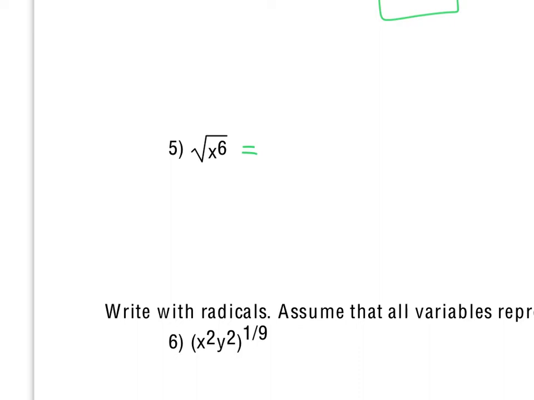Now if we simplify this, we get x to the 6/2, which ends up being x to the 3rd power. Now if we look at x to the 3rd power, if x is negative, like say for example x is -2, -2 to the 3rd power would be -8.